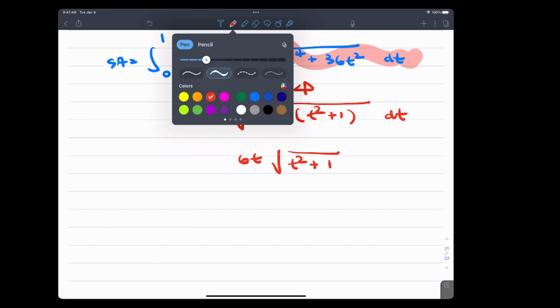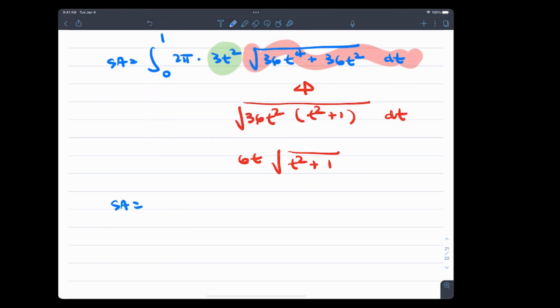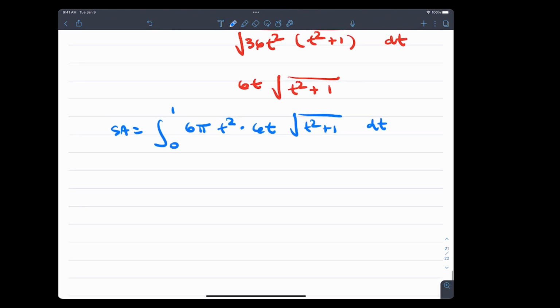So your surface area formula, we integrate from 0 to 1, 6 pi t squared times 6t square root t squared plus 1 dt. Okay? So it looks like we're going to pull out the 6. This is 36 pi, integral from 0 to 1 of t cubed square root t squared plus 1 dt.